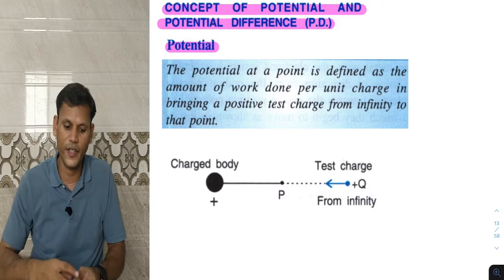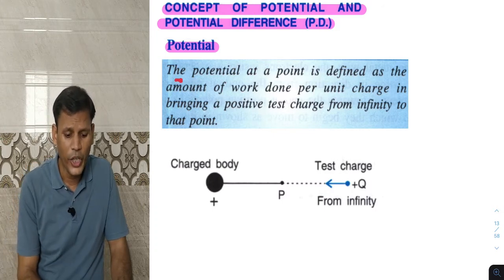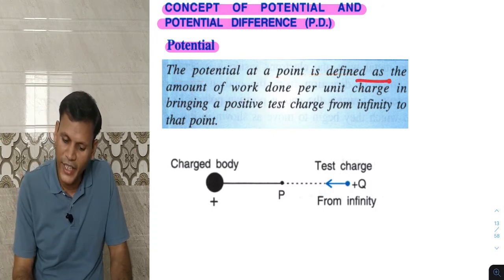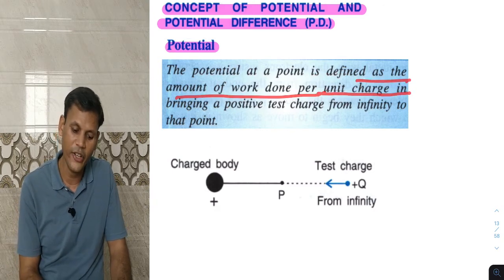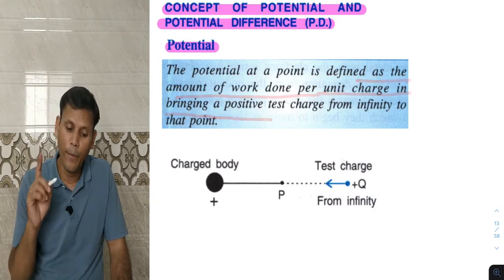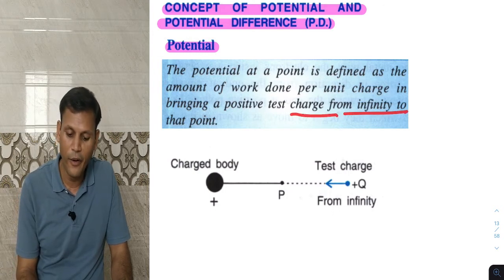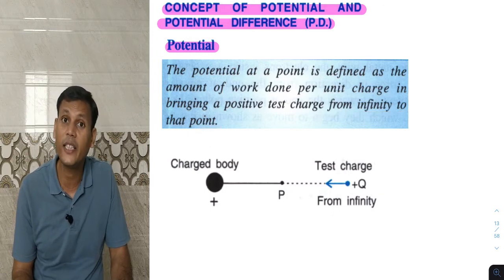The definition: the potential at any point is defined as the amount of work done per unit charge in bringing a positive test charge from infinity to that point.